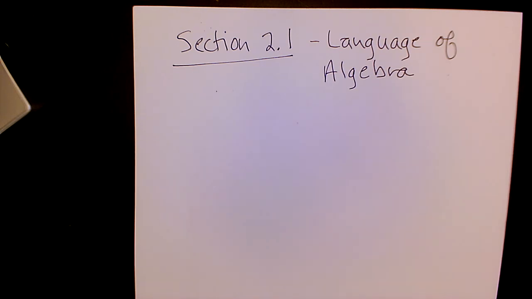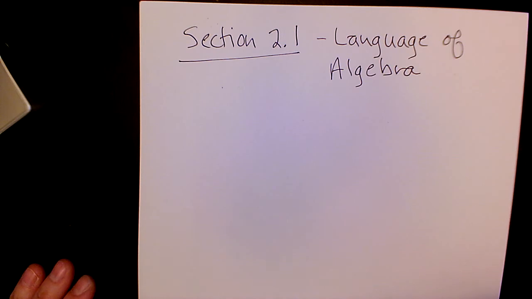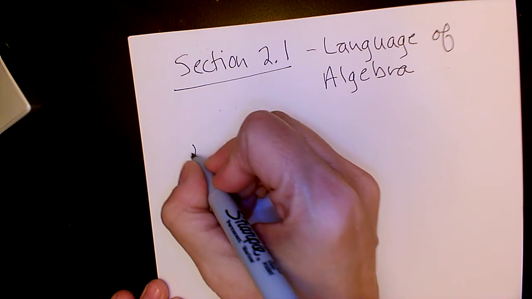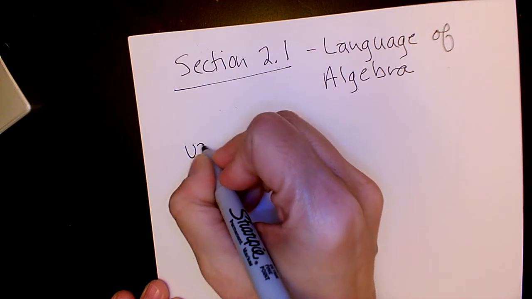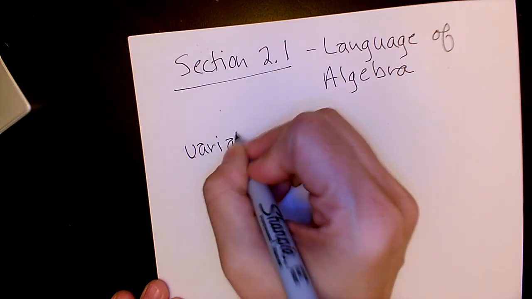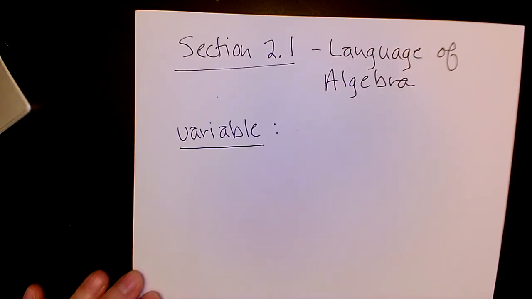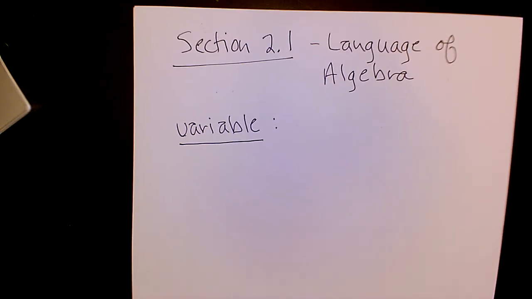So the first thing I want to talk about, and maybe this will be a review for you, maybe not. Does anybody remember what a variable is? Anybody remember what a variable is?